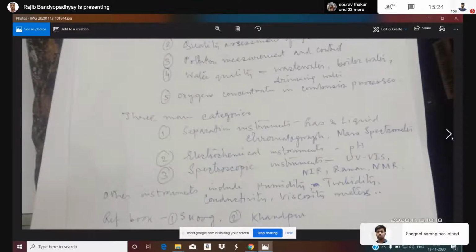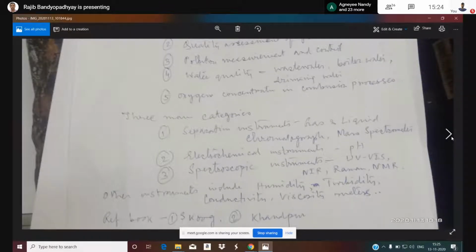This is one example of an electrochemical instrument, and there are other examples also. pH measurement is basically a potentiometric type of measurement, which means the open circuit voltage is measured.